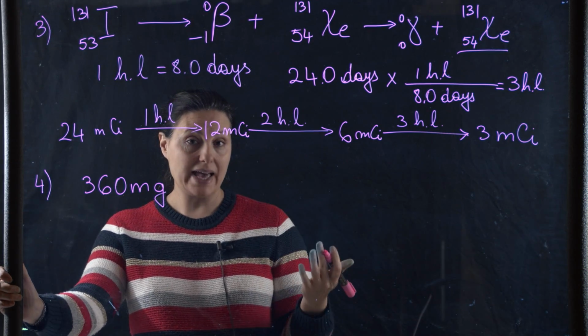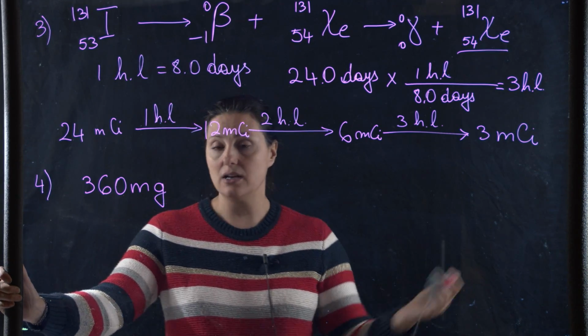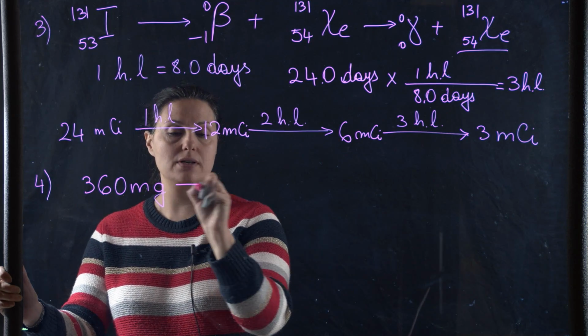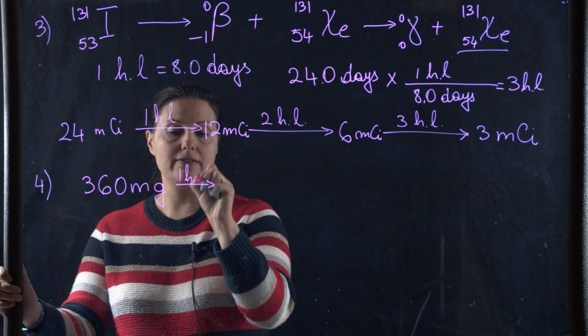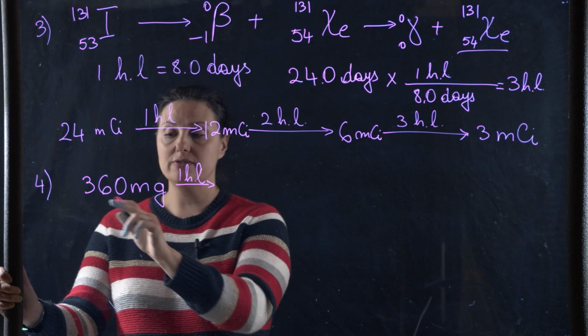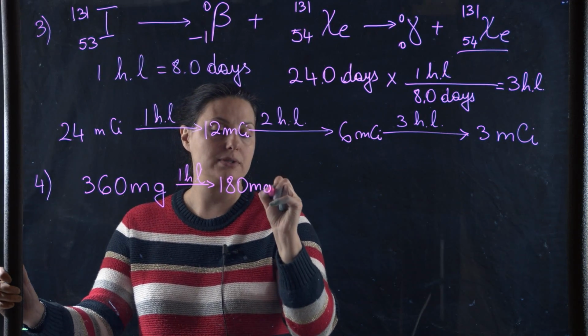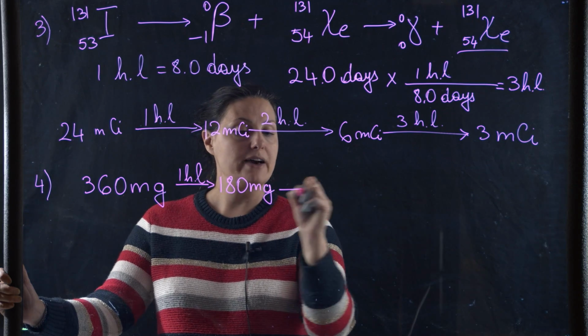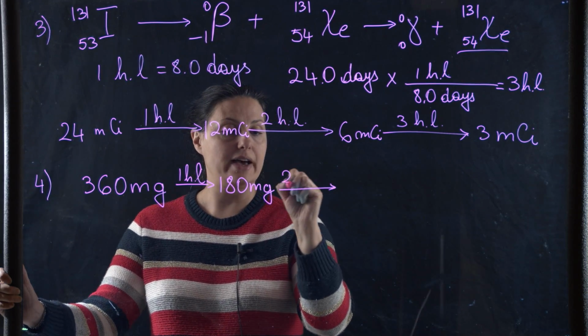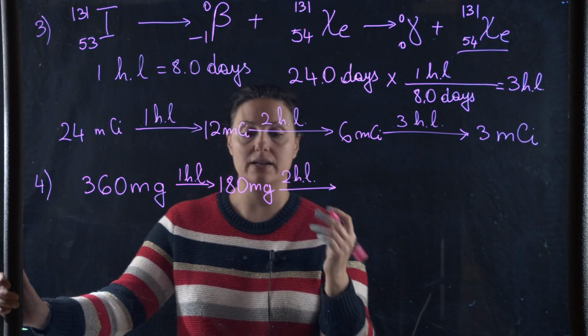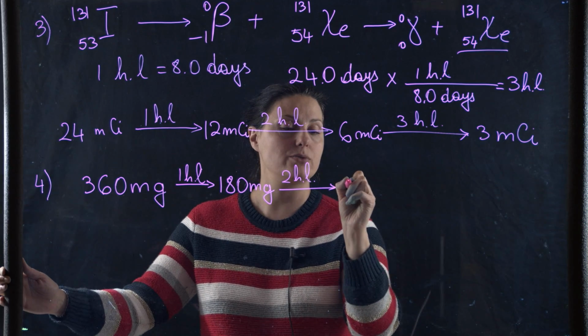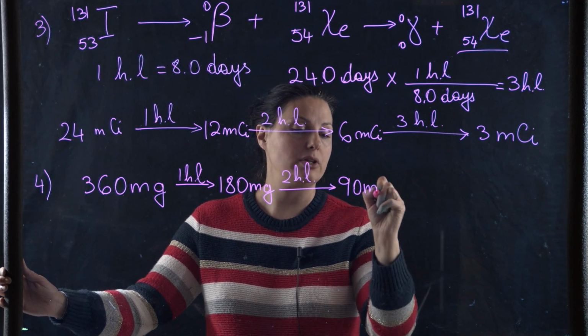So let's see how many half-lives will pass until I hit 11.25 milligrams. After 1 half-life, I will divide this by 2, and I will have 180 milligrams. After another half-life, my second, this will be half, which is 90 milligrams.